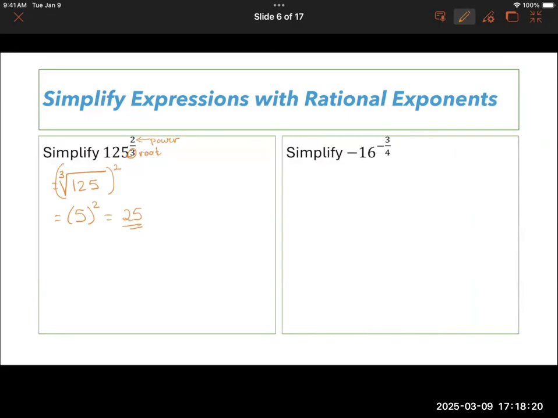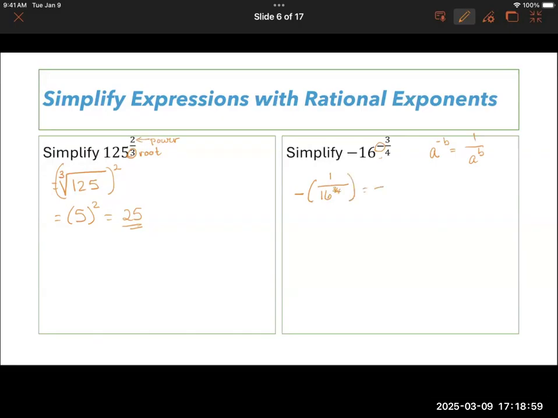If I wanted to simplify something like -16 to the -3/4, we'll get to more of these properties in a minute, but maybe you remember that a to the negative b is the same as saying 1 over a to the positive b. So I'm going to have this negative. Notice it's not in parentheses, so that's going to be outside of what's going on. I'm going to take 1 over 16 to the positive 3/4 power.